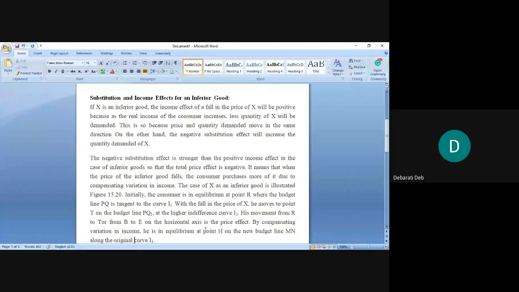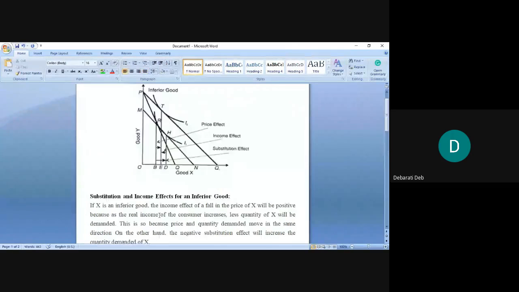His movement from R to T, or from B to E on the horizontal axis, is the price effect. By compensating variation in income, he is in equilibrium at point 8 on the new budget line MN along the original indifference curve I1. This is happening in a similar fashion as in the case of a normal good.